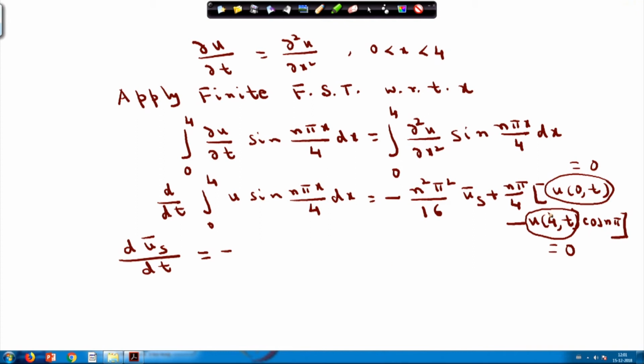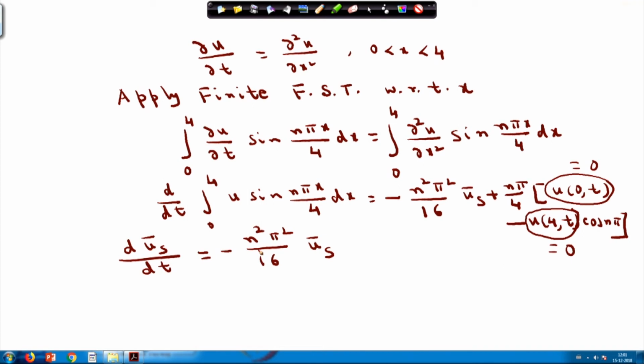So, once I put this, the second term will vanish, and you will have only minus n square pi square by 16 into u bar s. Please note that I had the given PDE, del u del t equals del 2 u del x square.